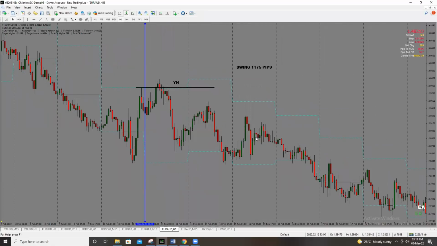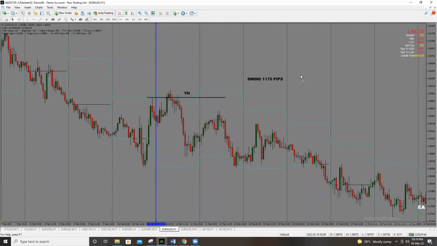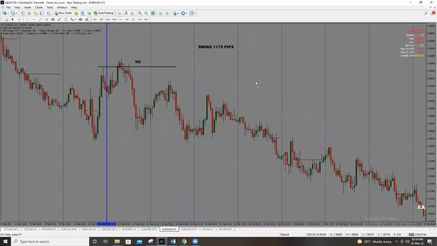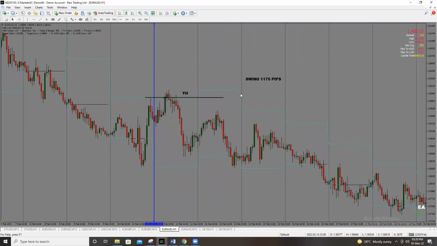Okay. Now let me show you the example that I told you, that has moved more than 1,000 pips. Look at these guys. Now, this trade has moved more than 1,000 pips. So if you use this strategy and actually got into this trade and held it, you would have earned more than 1,000 pips. How?